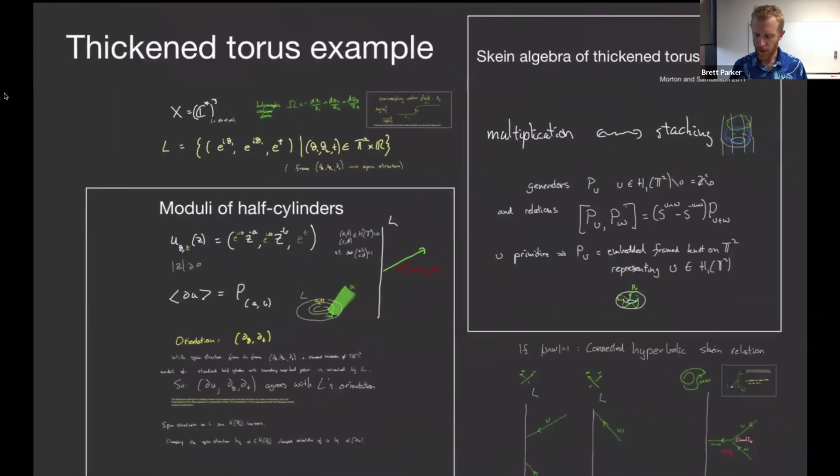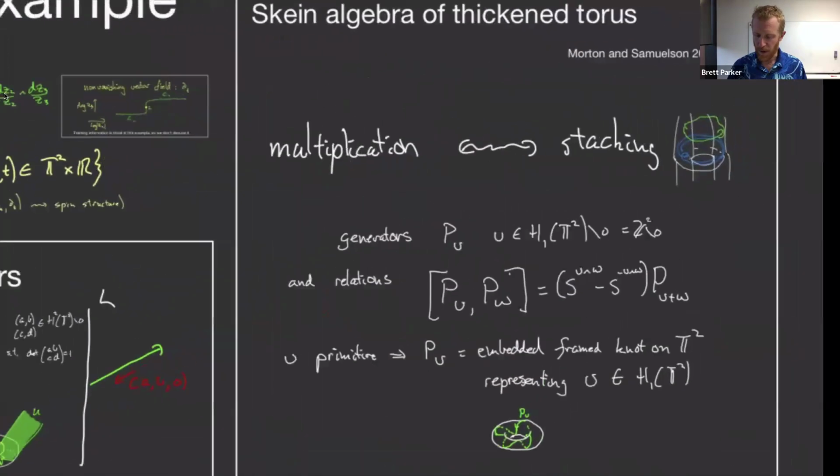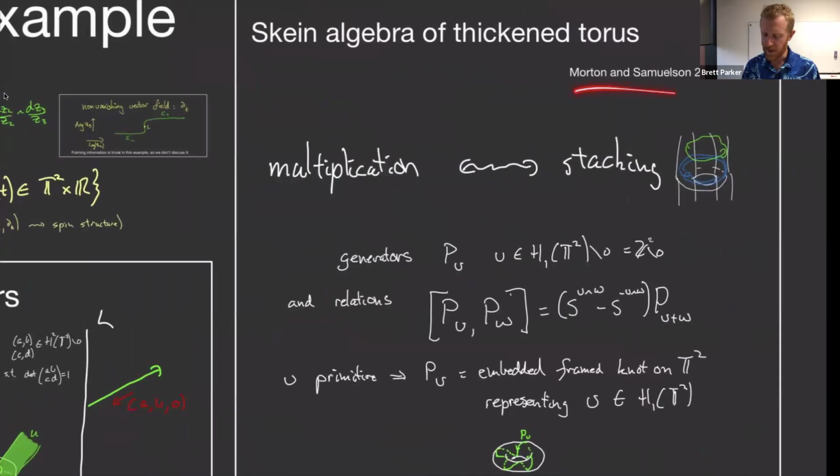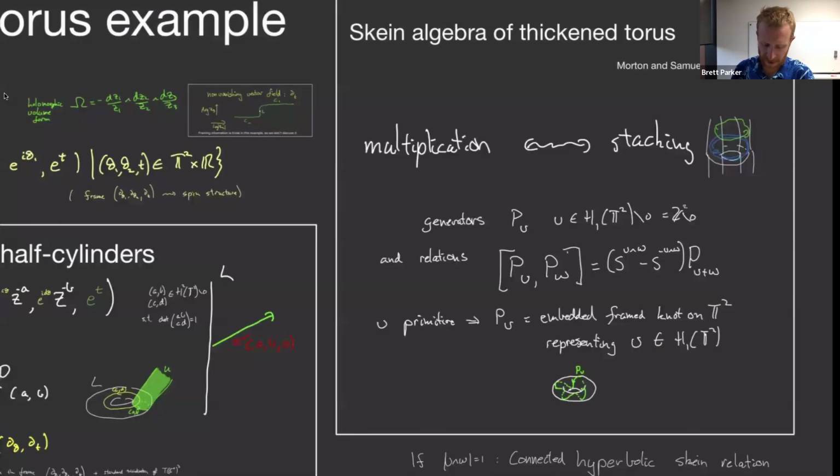Okay, so the Skein algebra of the thickened torus is worked out by Morton and Samuelson, and it's beautiful. It's an algebra because you can multiply links just by stacking them like that. The generators of this Skein algebra are exactly the curves that we get as the boundaries of these half cylinders.